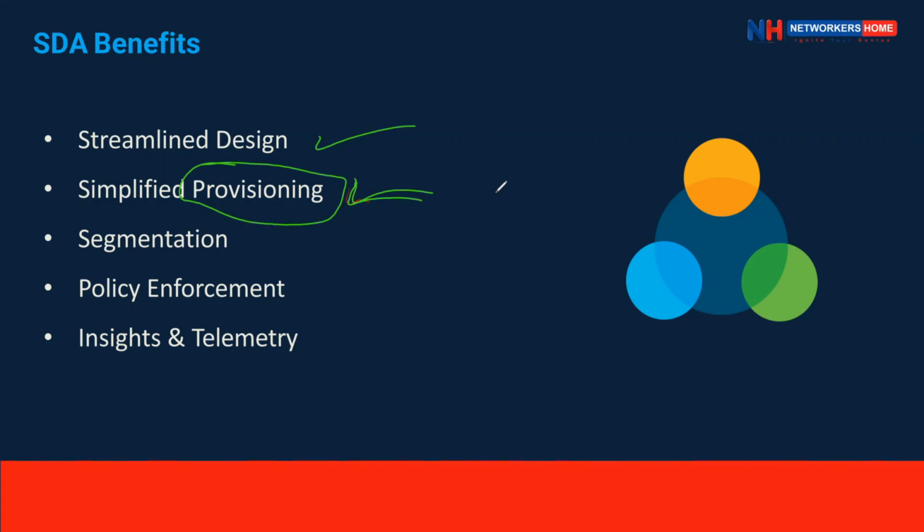The design, provisioning, and the important part, segmentation: how to segment, how to divide different users into different groups. Today we call it a VLAN, but it is actually an identity-based policy or identity-based segmentation. This is how it should be.